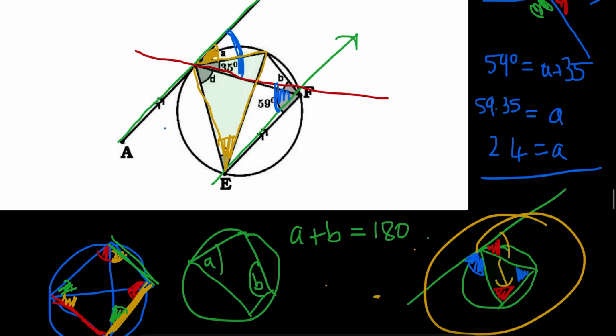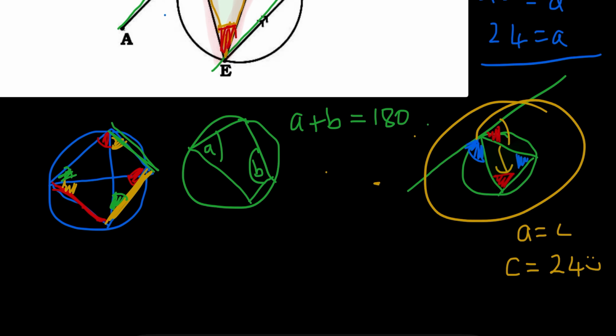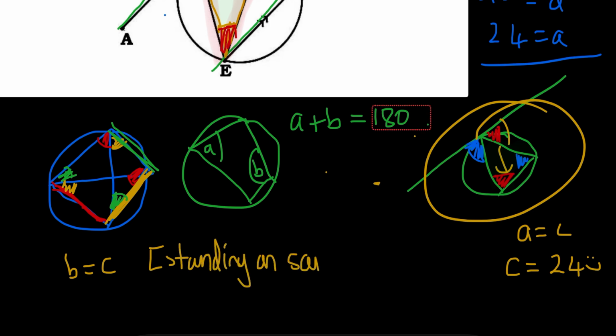Yay! Okay, now we're running out of colors, so let's just use red again. If we look at this segment here, these angles are both standing on this segment, so they will be the same. This angle will be equal to this angle, right? So we've got that B equals C, because they're standing on the same arc.